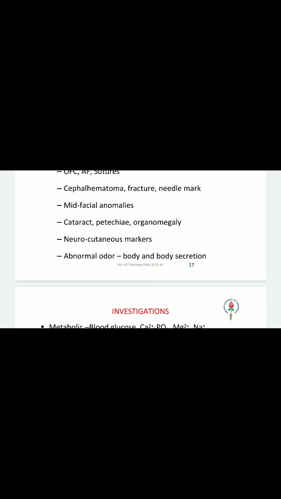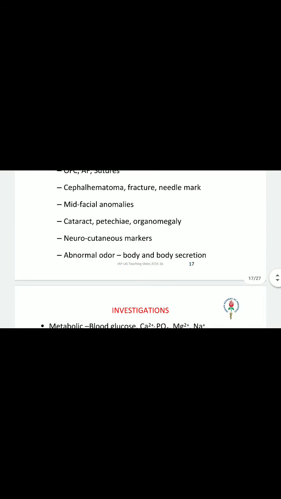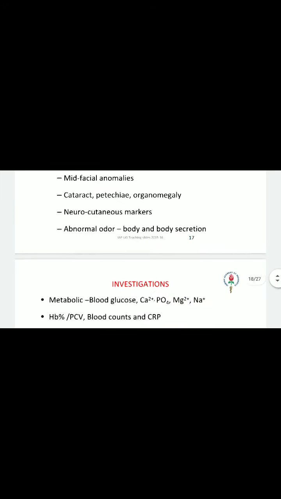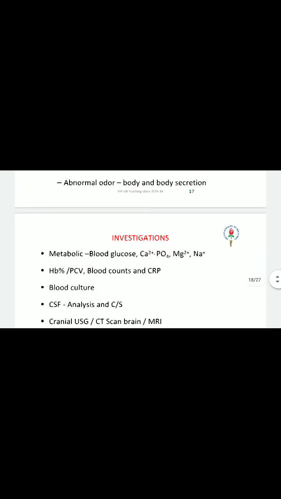Organomegaly, infection and IEM. Neurocutaneous markers for brain dysgenesis. Abnormal odor, again in inborn errors of metabolism. There are so many types of odor depending upon the type of inborn error of metabolism.